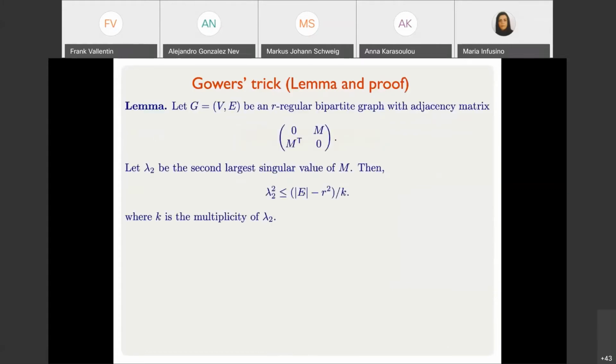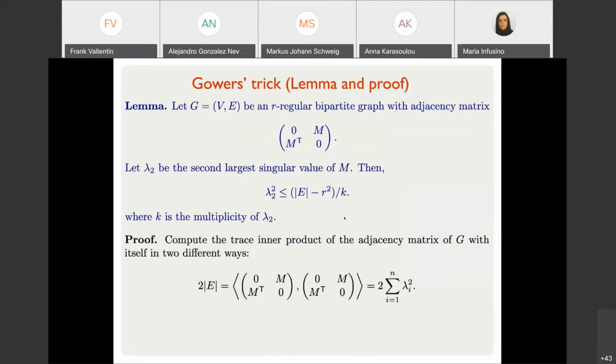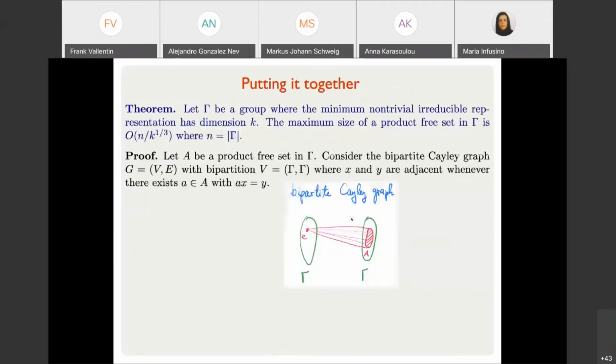This was upper bounded by this one here. So now we throw the R squared away and we just discuss cardinality of E divided by K. Okay. And the number of edges is simply n times the cardinality of A, divided by, now it comes the minimal size, or the multiplicity of the second largest eigenvalue, or the second largest singular value.